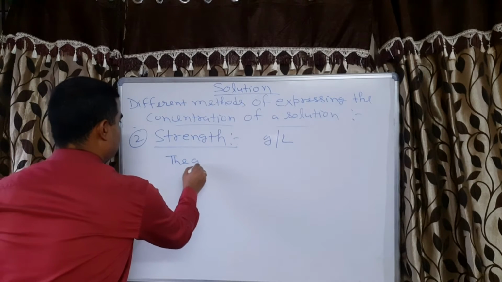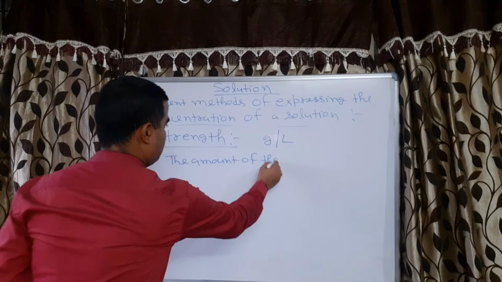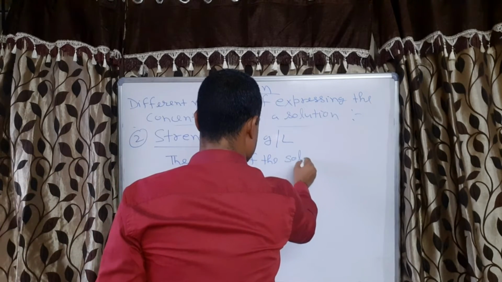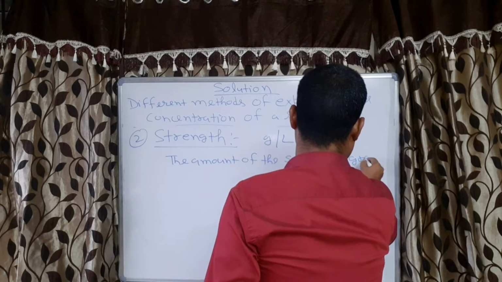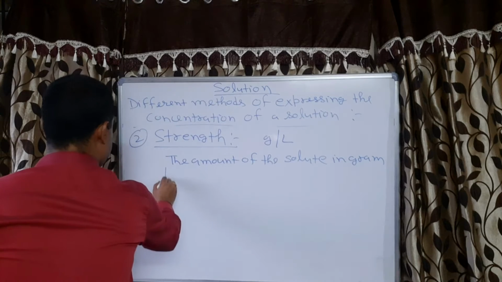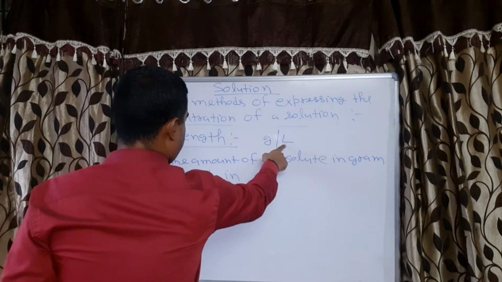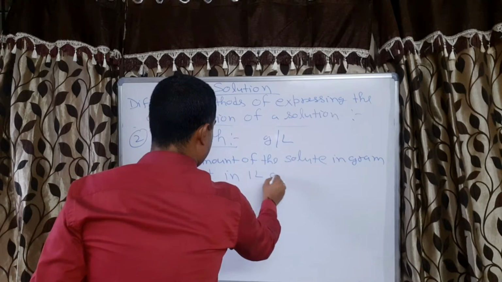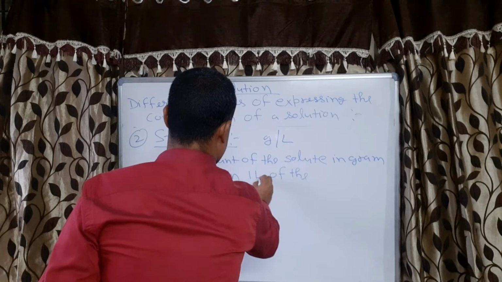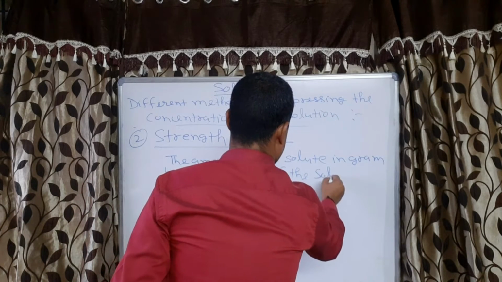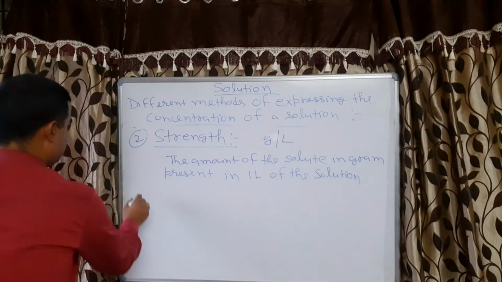The amount of the solute in gram present in 1 liter of the solution. Correct? Now come to the third thing.